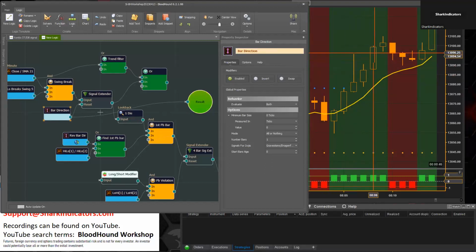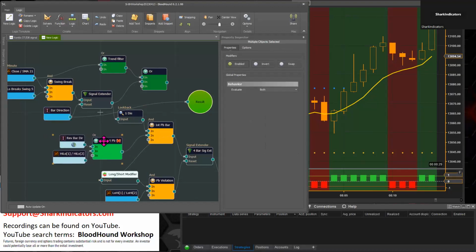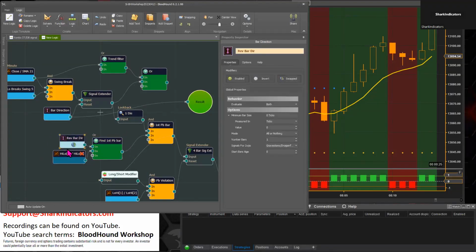This bar direction is just using a down bar, which generates a short output to identify the first pullback bar, just like here, to find the first pullback. We've kind of reversed everything. So this bar direction has the swap turned on to reverse the signals.